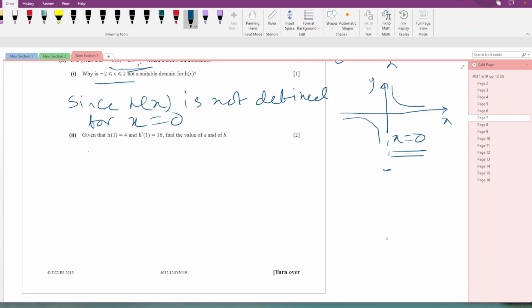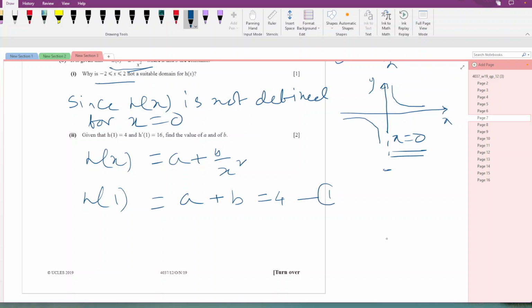Well, Hx equals to a plus b by x square. Now h1 equals to a plus, put the value of x here, and it gives b, and the value of h1 is 4, and this is equation 1.